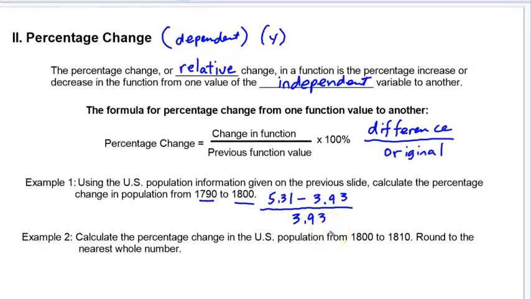So the 1790 figure will go here. All right, so now we pull out our calculator and we do the simple math. Okay, so 5.31 minus 3.93, that is 1.38. And then we divide by 3.93.